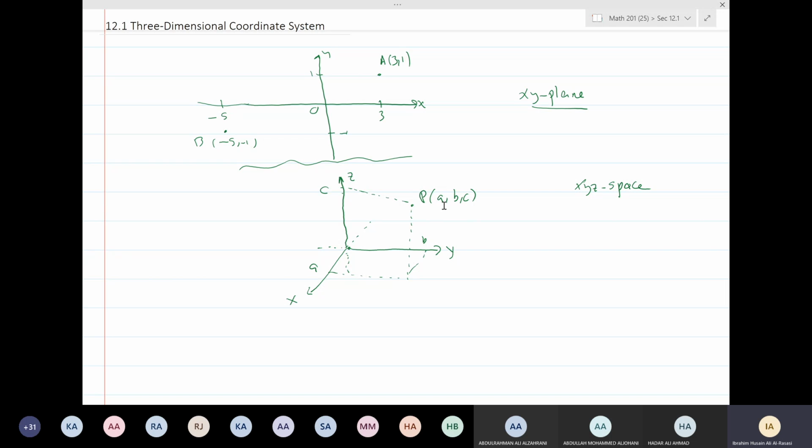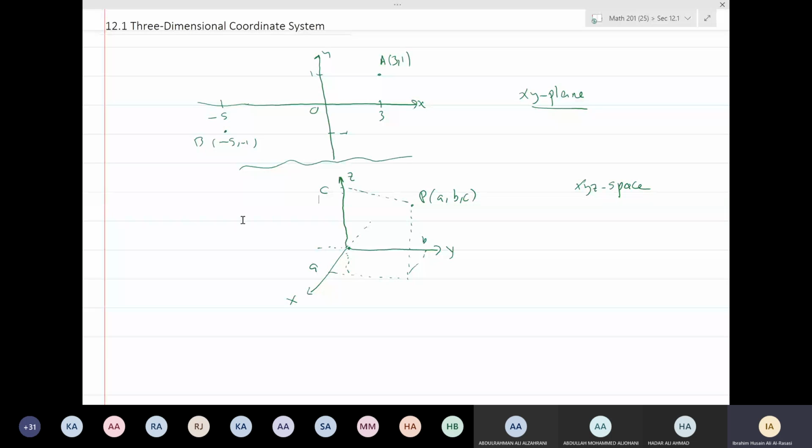So any point will be described by 3 numbers: x coordinate, y coordinate, z coordinate. So, generalizing x coordinate, y coordinate, now we have an extra number for the z coordinate, corresponding to the number on the third axis, or the z axis.